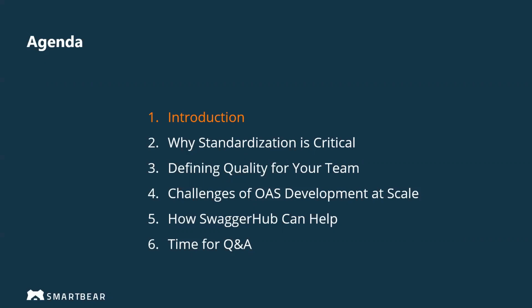We're also going to go through the challenges involved with the API or OAS design and development process when you begin to scale within your organization. Then we're going to take a look at how SwaggerHub can address those challenges and help. And at the end, we'll hopefully have time for a Q&A, so we'll be able to try and get to some of the questions that you might have throughout the webinar.